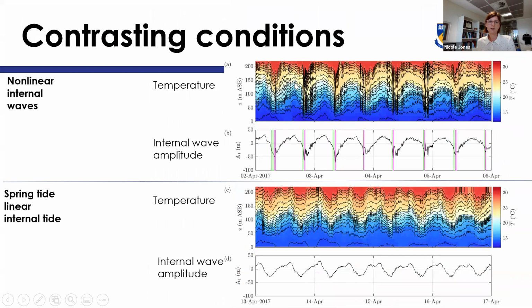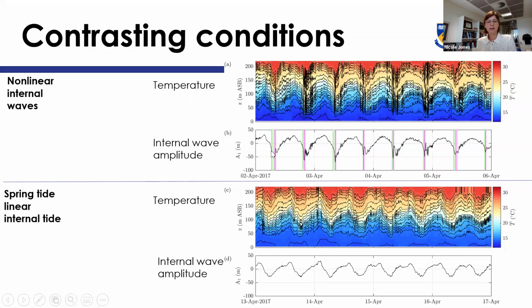on the nonlinear internal wave period at the beginning of the record, we can see these very large oscillations of about 20-minute period of these packets of waves. We call these waves of depression because they're pushing the isotherms down from the surface towards the seabed as they pass by.